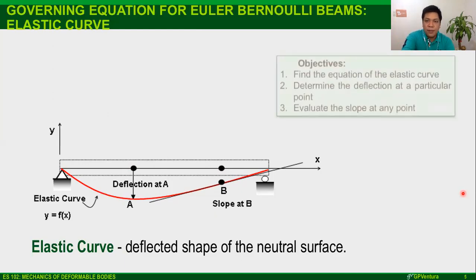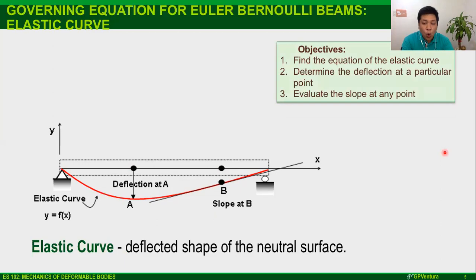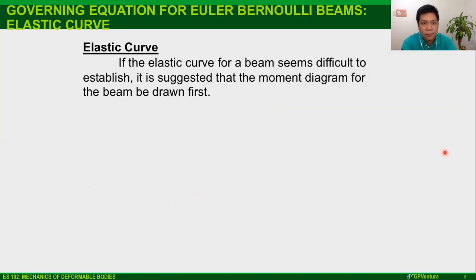Please remember that our goal in the double integration method is to find first the equation of the elastic curve. If we do not know the equation of the elastic curve, we won't be able to determine the deflection of any point along the beam and the slope at any point along the beam.